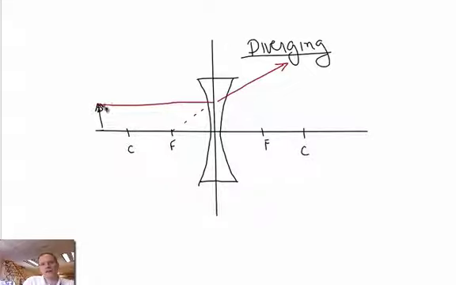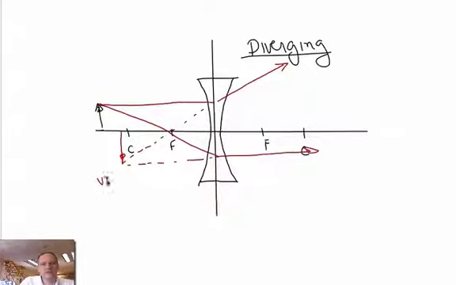A light ray that goes through the focal point will then bend and go parallel. Again, these two lines won't cross. No image is formed. If it could form, it would be back here where the refracted rays meet, and your image would be here. You can see that this image would be virtual, inverted, and just a little bit smaller.